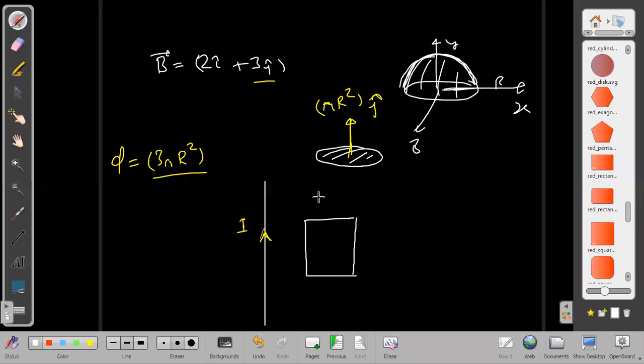Case number 1: the near end is at a distance x, and the square is of dimension a by a. Find the flux through this.